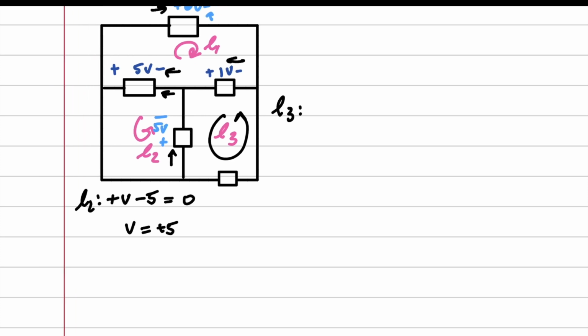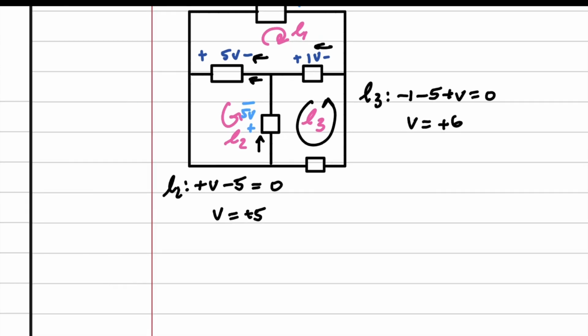So we've got -1 minus 5 plus v equals 0. And we get v equals plus 6, where we get the plus side being this way because we got the current going this way from our arbitrary loop, and we got 6 volts like that, like so.